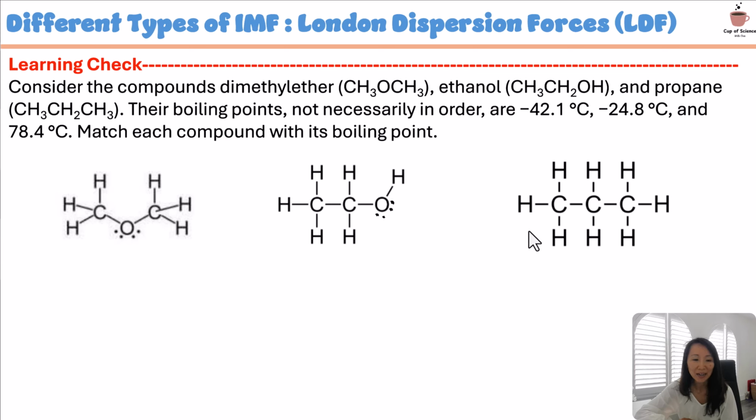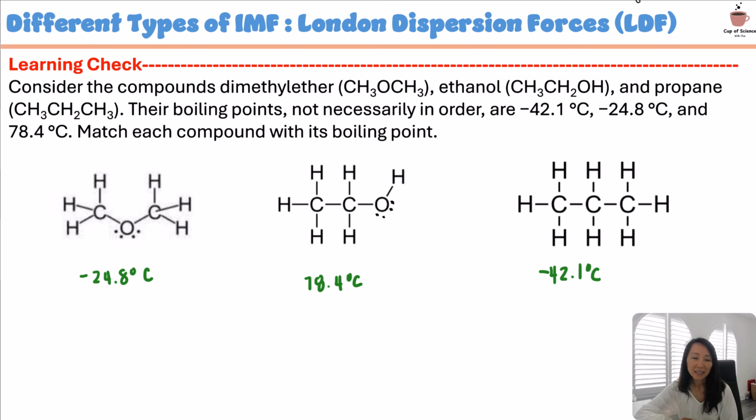Their boiling points, not necessarily in order, are negative 42.1, negative 24.8, and 78.4. Match each compound with its boiling point. Now come back and try it and then check the key, and I'll explain a little bit. And here is the key.